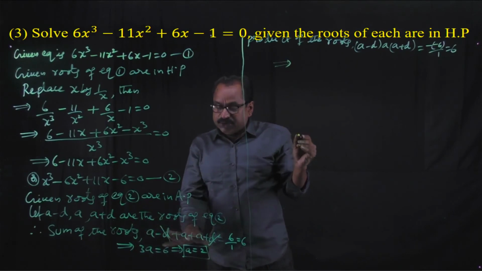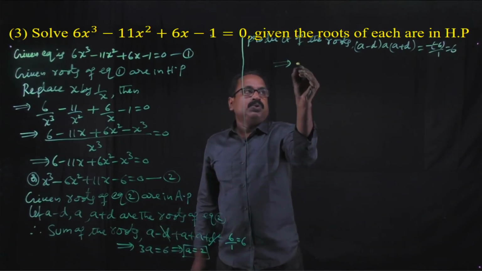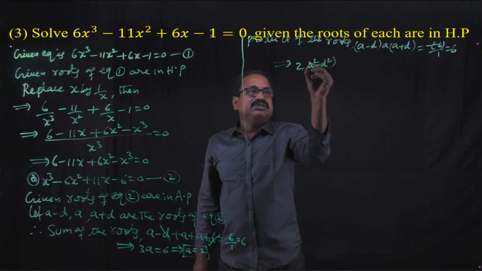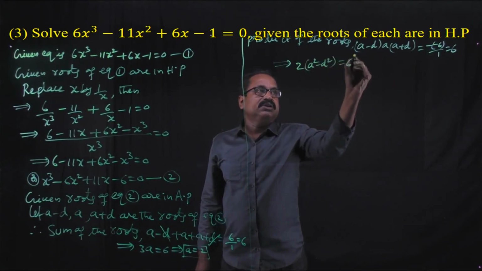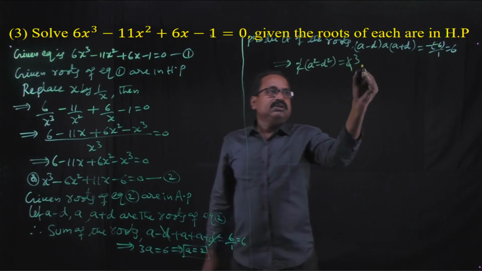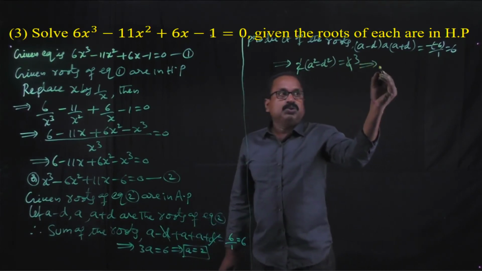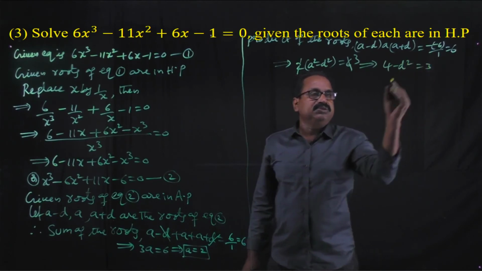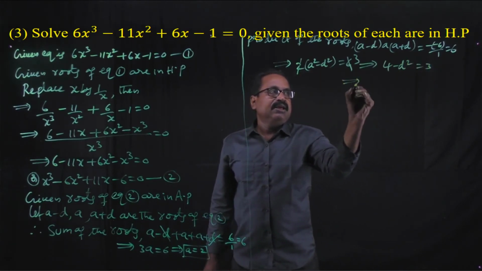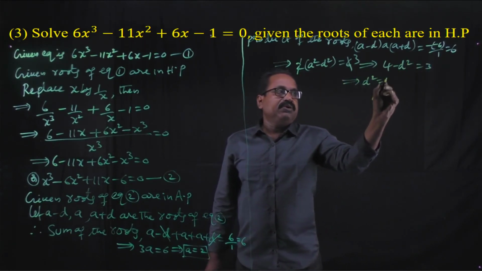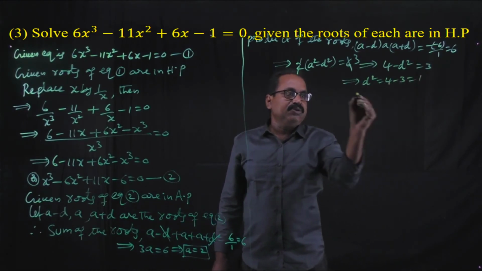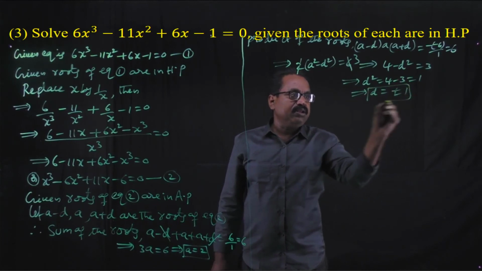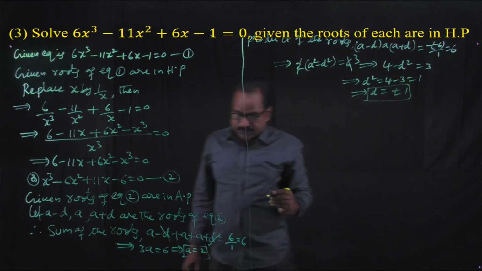Put a is equal to 2. 2 into a square minus d square is equal to 6. 2 threes. So this implies 4 minus d square is equal to 3. D square is equal to 4 minus 3, that is equal to 1. D is equal to plus or minus 1.